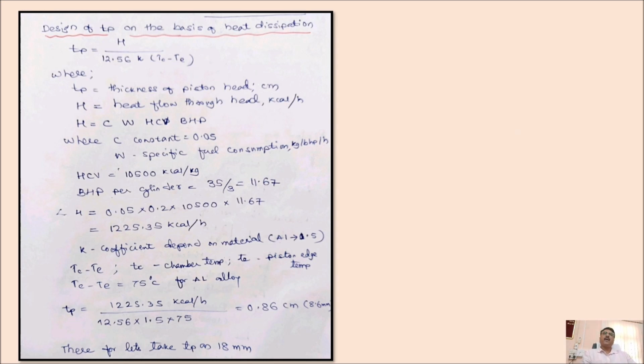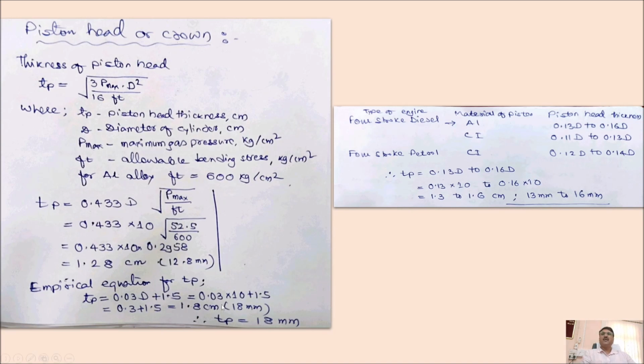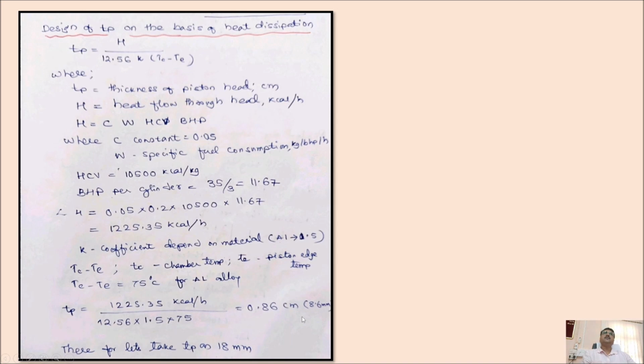So the maximum value is coming in the empirical equation, that is 18 millimeter. So let Tp, that is the thickness of piston head, be 18 millimeter.